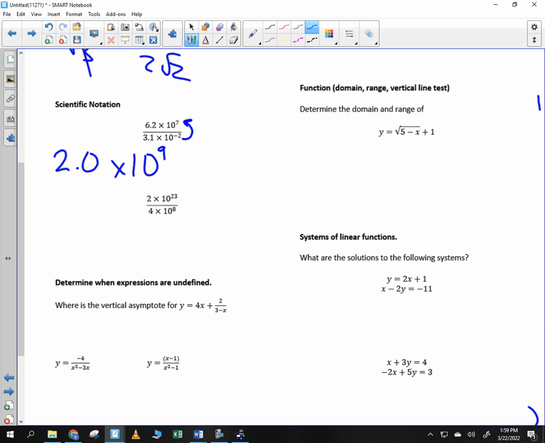We got 2 divided by 4, which is 0.5 times 10 to the 15th. Can I leave scientific notation as 0.5? Yeah, 5.0 times 10 to the 14th. Yep. You got to adjust it. Right. Front number's got to be between 1 and 9.